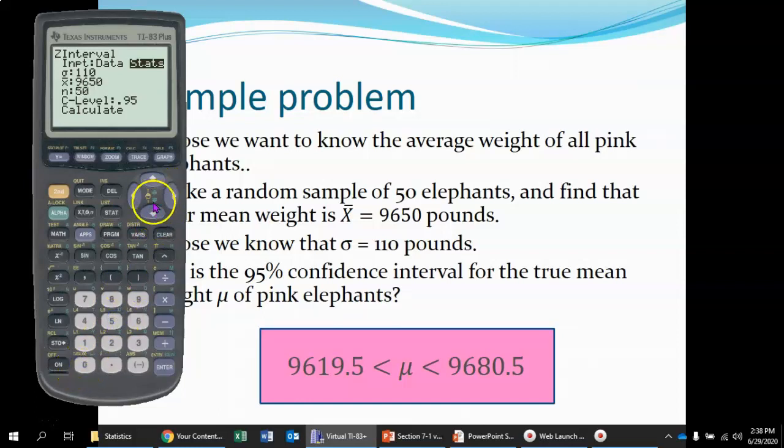And for C level, well, it's already what I want. It's 0.95. So the confidence level is 95%, but I got to put it in as a decimal, so it's 0.95. And then go down and hit calculate, hit enter, and there's my interval. 9,619.5 to 9,680.5.